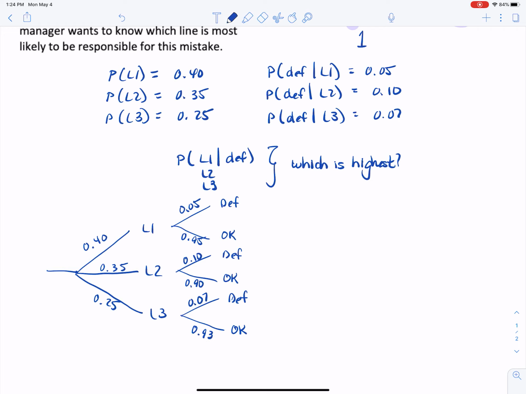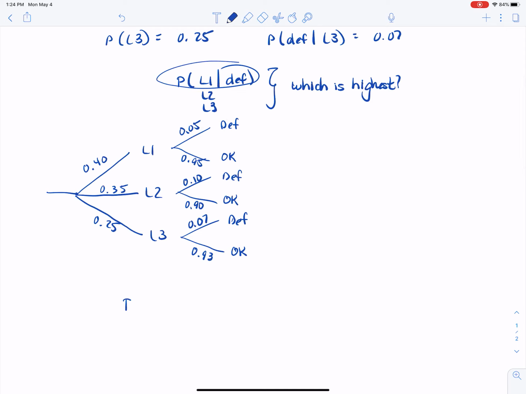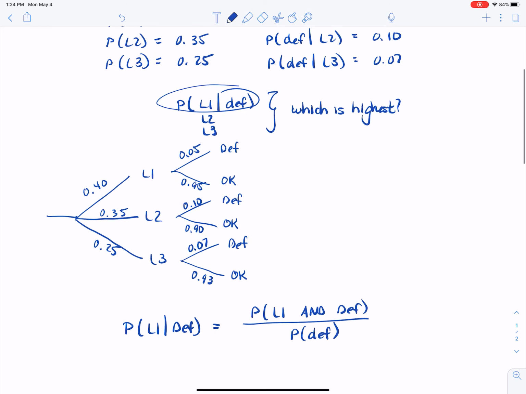Now, since we're focused on finding this probability, the probability that it came from line 1, given that it's defective, would be the probability that it's line 1 and defective over the probability of being defective. So I just want to know the overall probability of being defective.